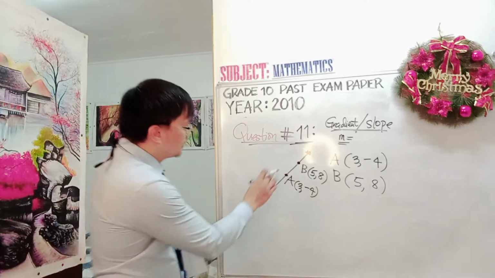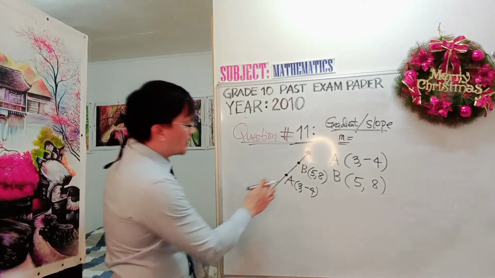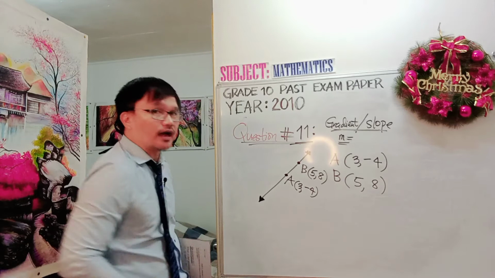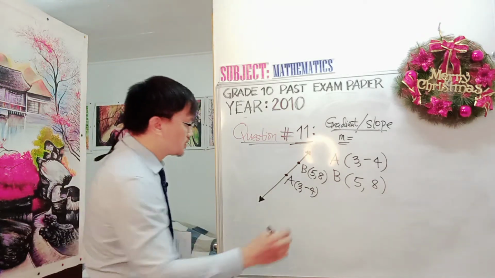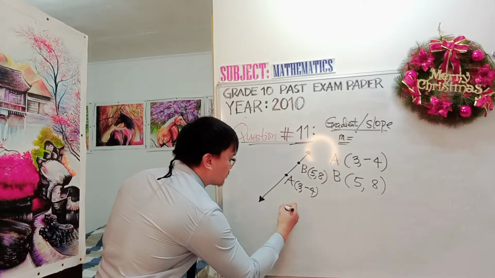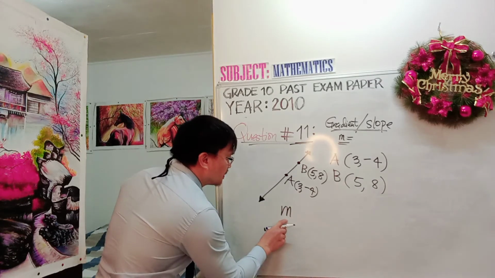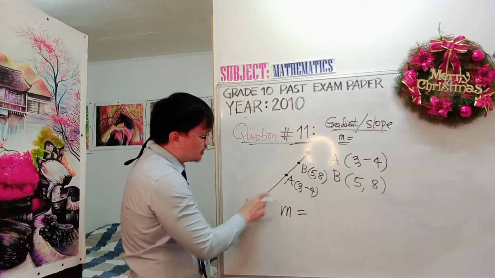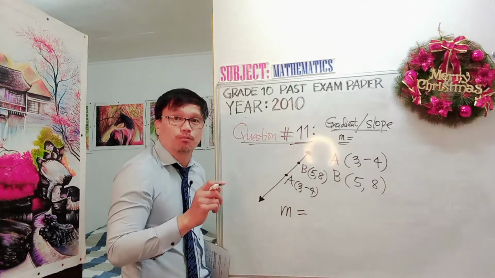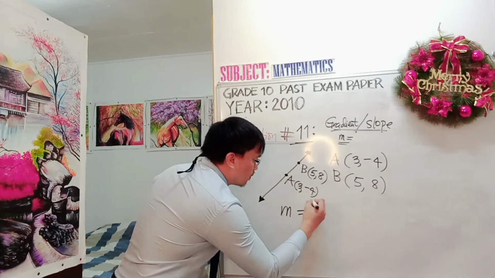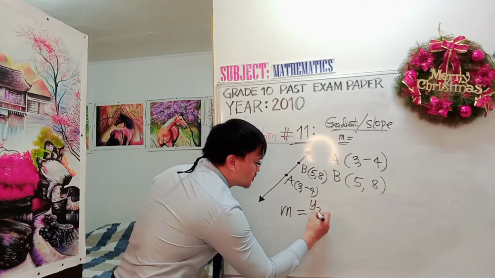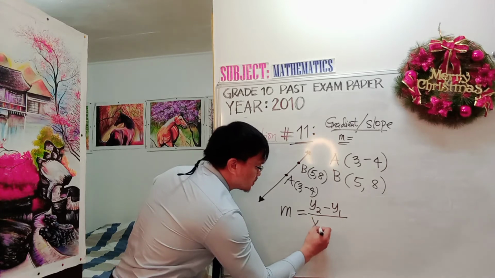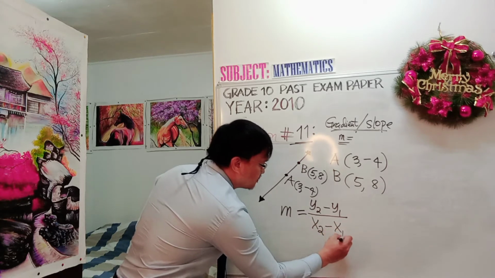Now, given these 2 points on the same line, you are going to use this formula. You will have to memorize it. This is the formula for finding the gradient of a straight line given 2 points: y sub 2 minus y sub 1, divided by x sub 2 minus x sub 1.